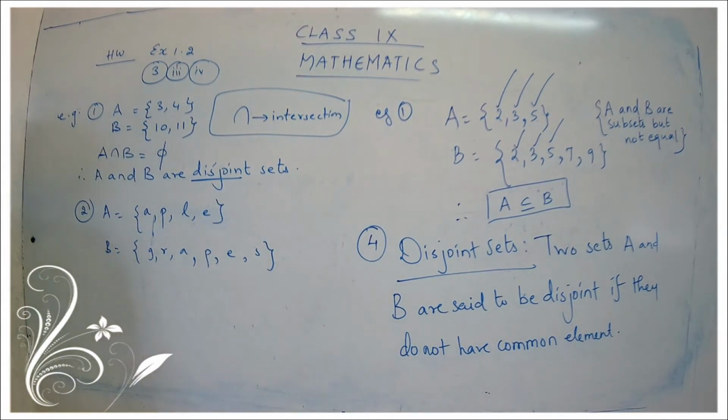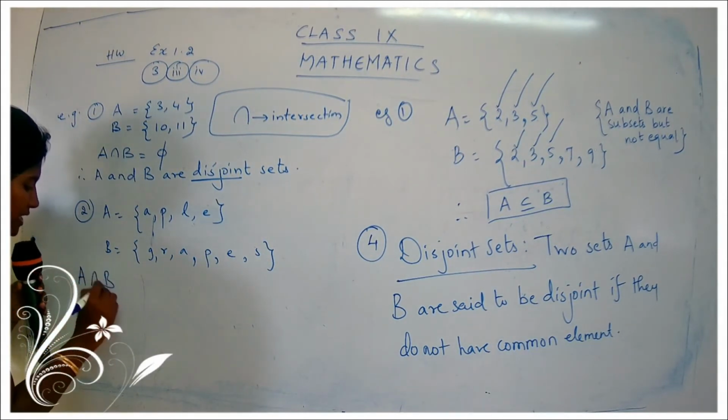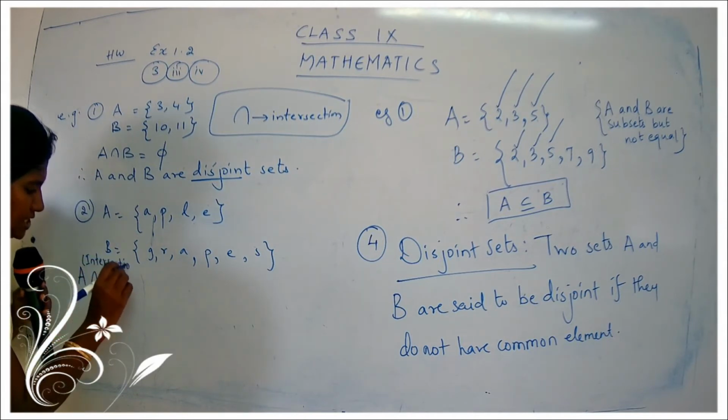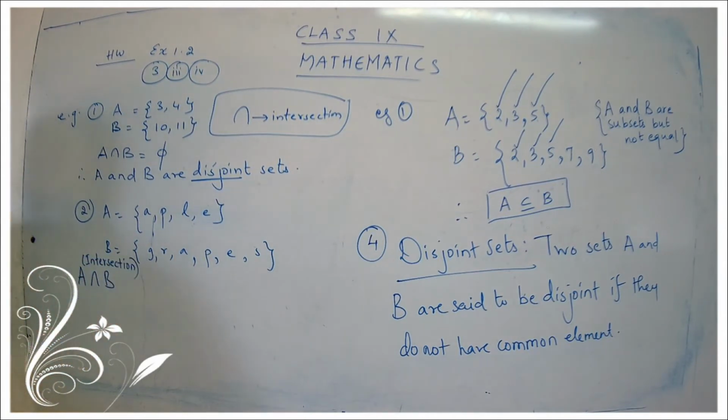If I have taken the set A as A, P, L, E, and I have taken the set B as G, R, A, P, E, S, now let's find out the intersection. What is A intersection B? This is intersection, I-N-T-E-R-S-E-C-T-I-O-N.